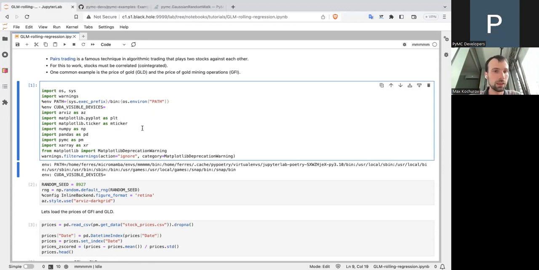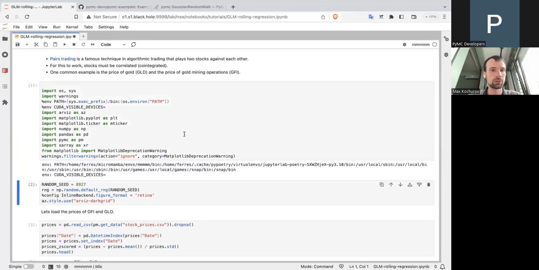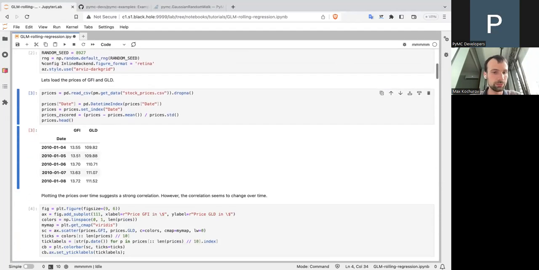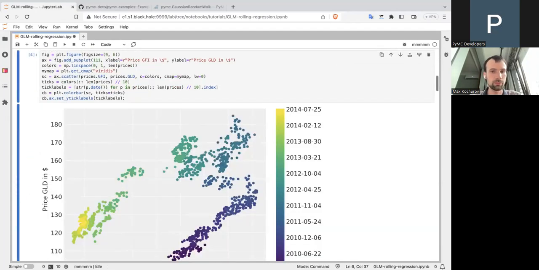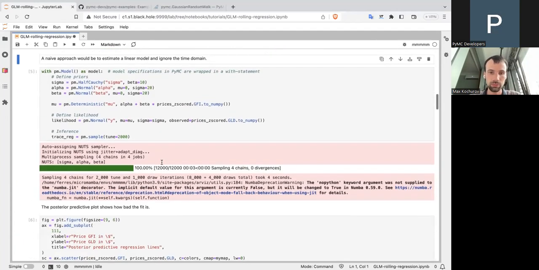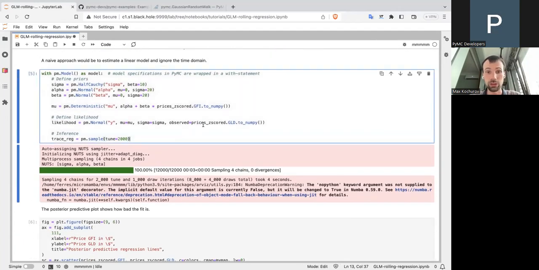Well, so let's use CPUs and get some data. The basic linear regression model samples in 3 seconds.